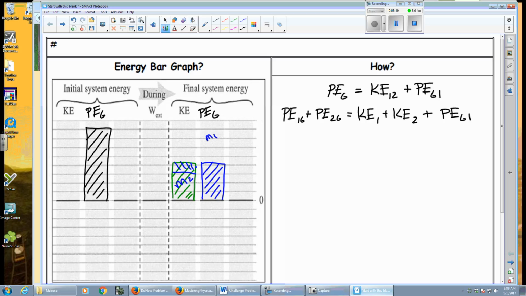Now it's just remembering my formulas, right? The potential energy is mgh. Kinetic energy is 1/2 mv squared.